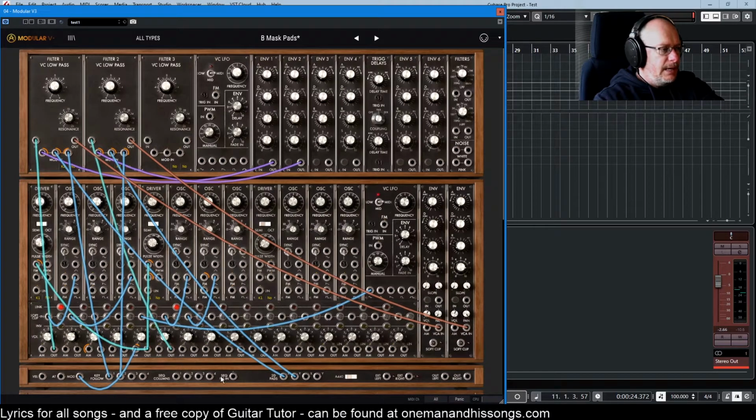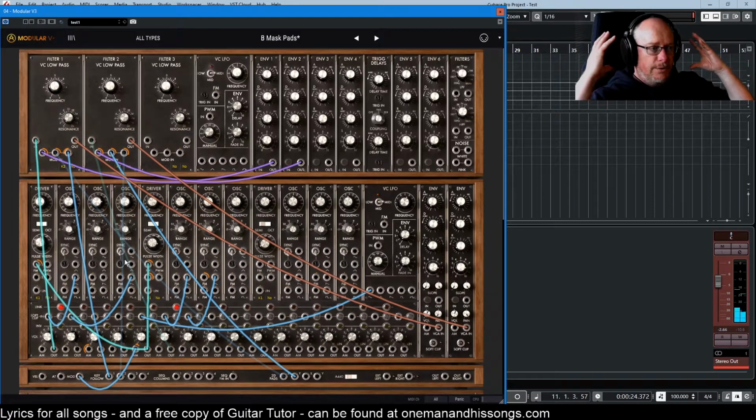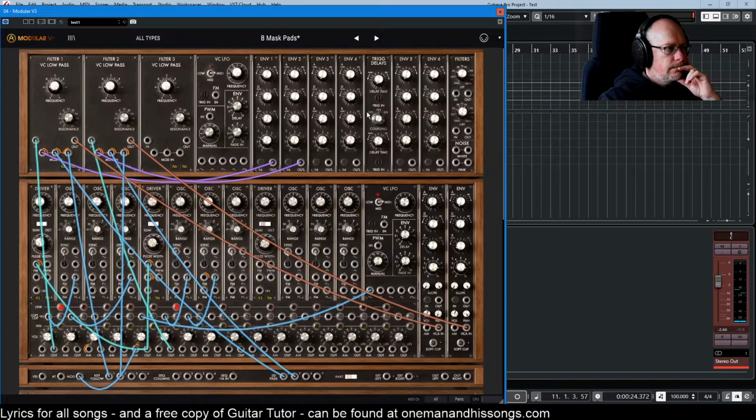Similarly with the frequency modulation, now we can see both cables going into the FM, and when we move our modulation wheel, it's having the same effect in both ears, so it's not having a jarring effect on our brain where they're oscillating at different rates. That's the beauty of using one output source to go to two destinations.